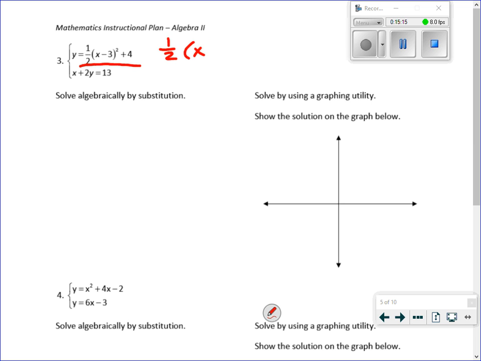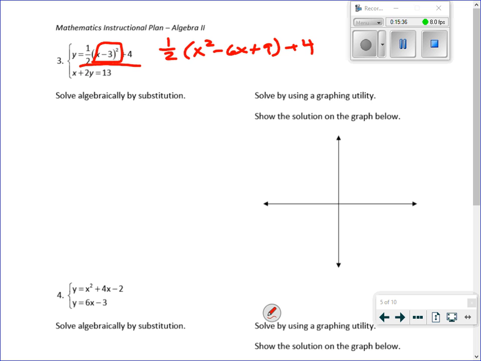So that would be x squared minus 6x plus 9, plus 4. Don't forget your order of operations. Go back to your basics always. Remember, exponents come before multiplying, so squaring that (x minus 3) should happen first.